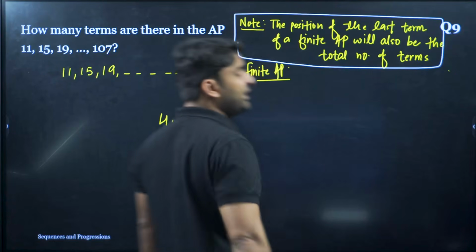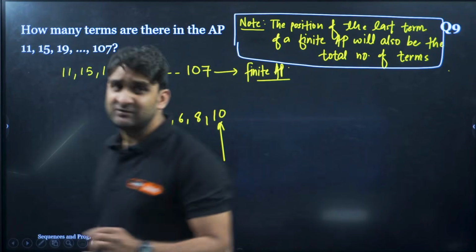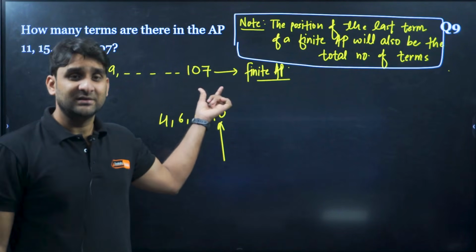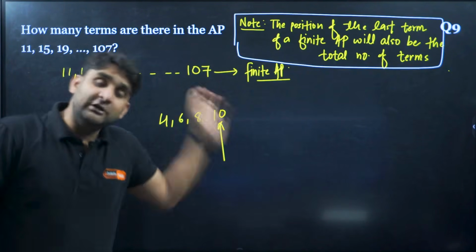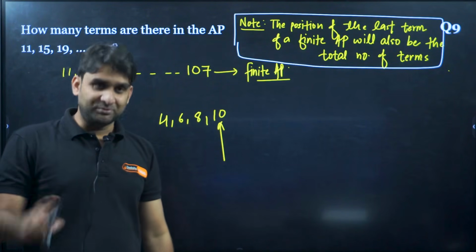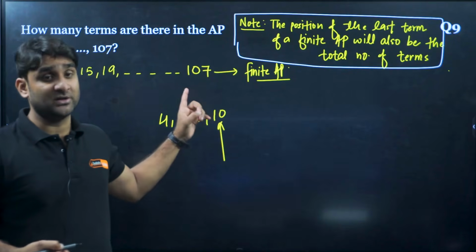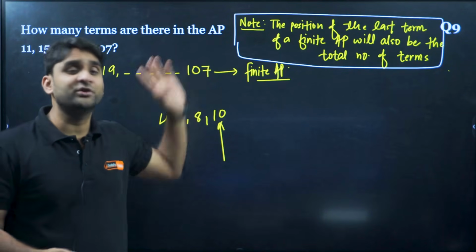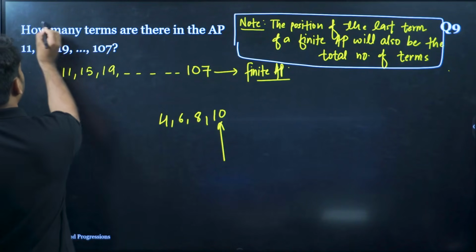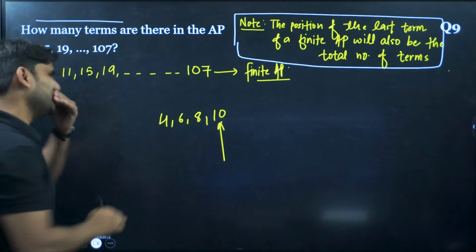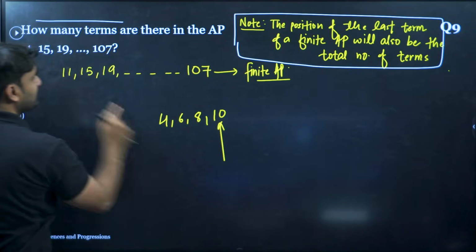If the AP is finite, it means there is the last term. So the position of the last term will be the total number of terms. So basically, indirectly in this question, we have to find out the position of 107. And the position of 107 will be the total number of terms. So let's find out. Clear everyone?